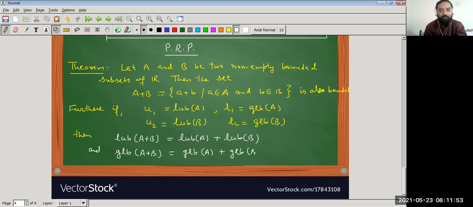In some books, both results are written in terms of the supremum for the least upper bound.